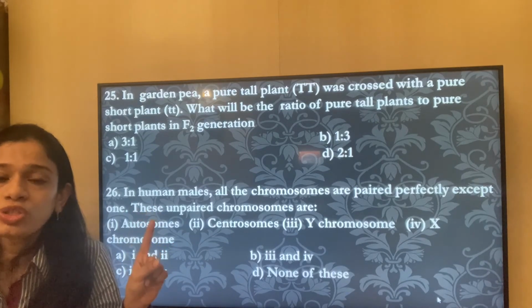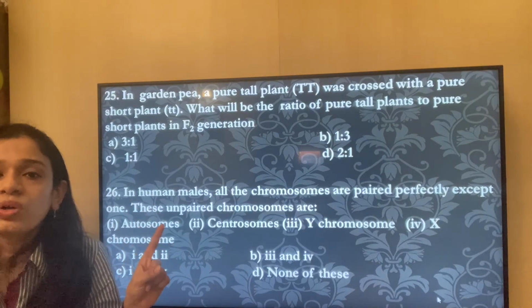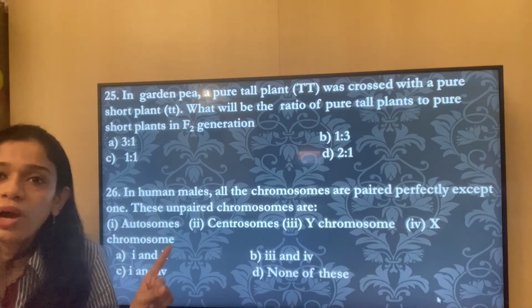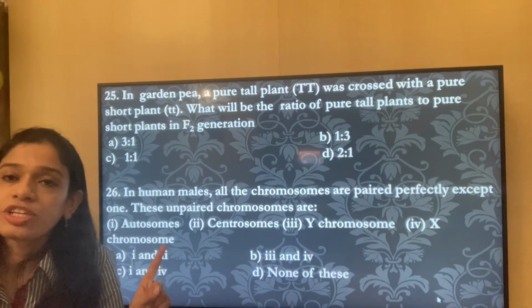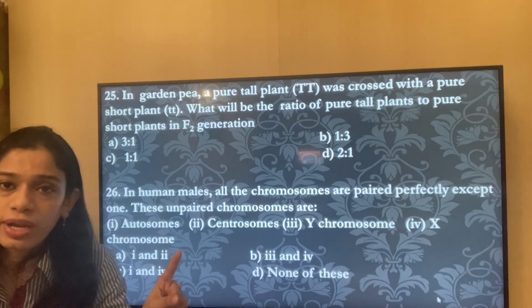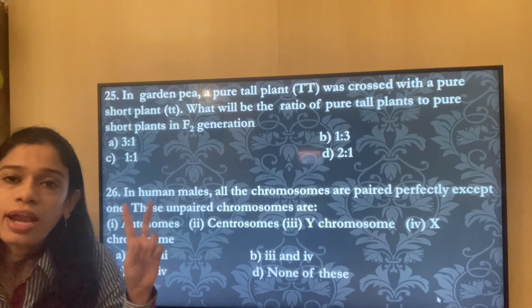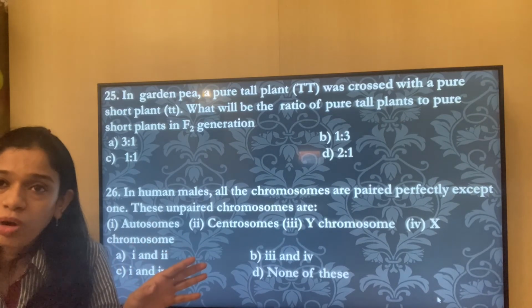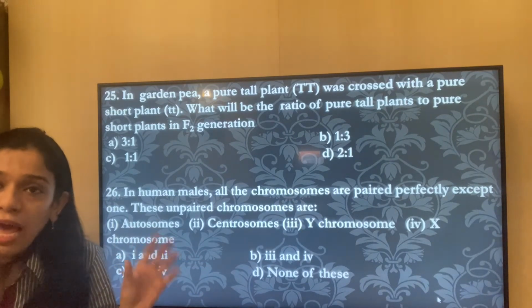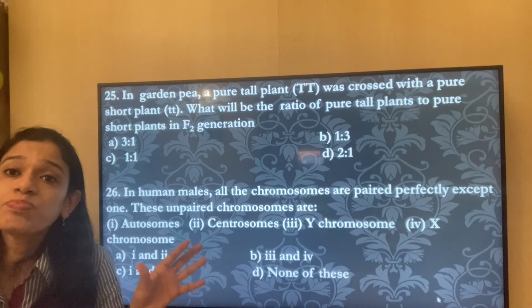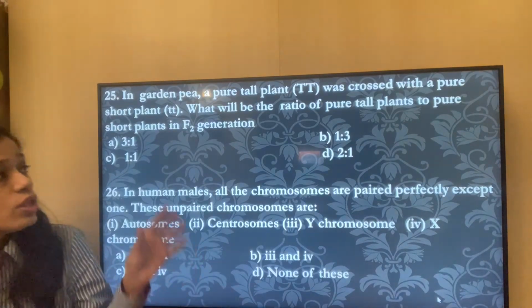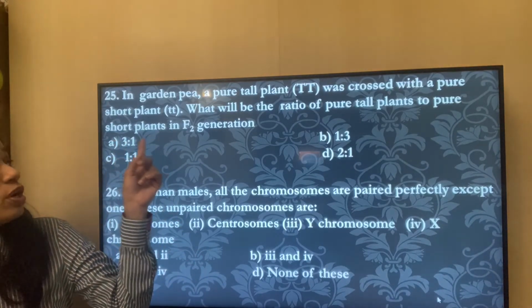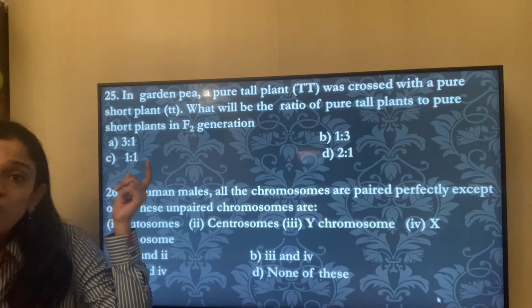Pure tall and pure short means we know that in the genotypic ratio for a monohybrid cross, it segregates in the ratio of 1:2:1. So 1 represents pure dominant, 2 represents hybrid, and again 1 represents pure recessive. So the ratio of pure tall and pure short should be 1:1.